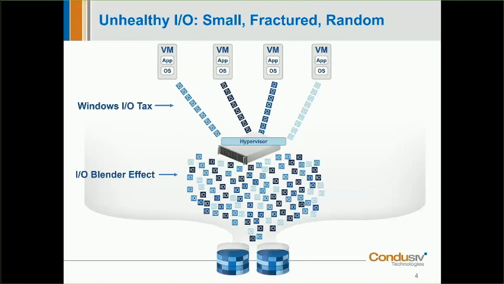So that what comes out between that physical host hypervisor and the backend disk storage controller is now a chaotic mess of small, fractured, and now very randomized I/O streams that by the time they hit the storage controller, frankly, couldn't be less storage friendly. It means that the storage controller is only receiving data in very small packets at a time, so it only has the opportunity to create very small stripes across its media. And that means many more storage level operations than if the data hadn't been split as it was being written right up there at the NTFS layer.